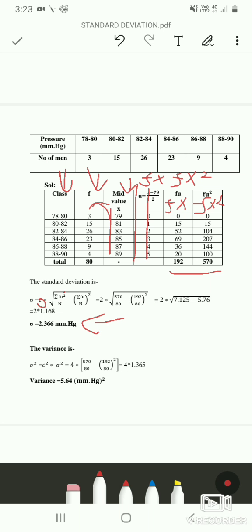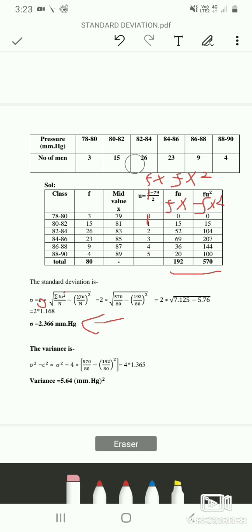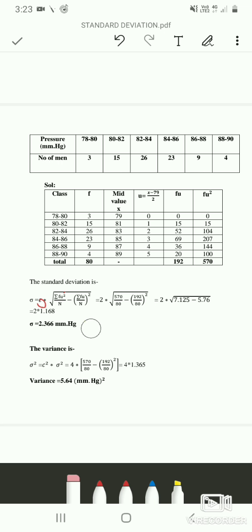So you have to square these values, which will be huge numbers, which you can't do manually in a faster way. So that is why we opt for step deviation method, wherein you can see the values are 1, 2, 3, 4, 5. So you can easily square them without using calculators.